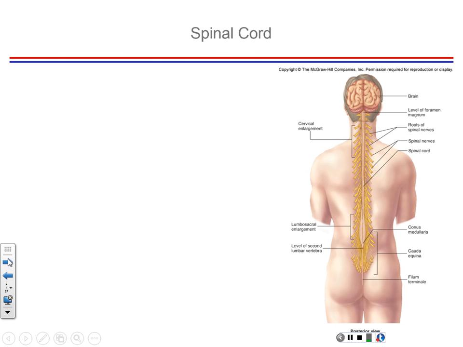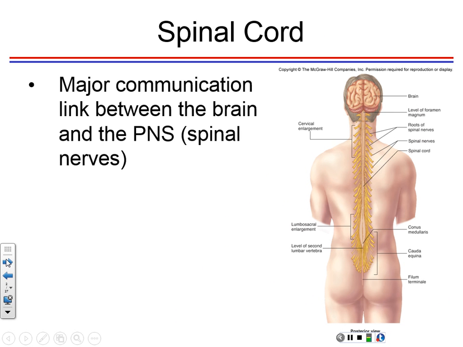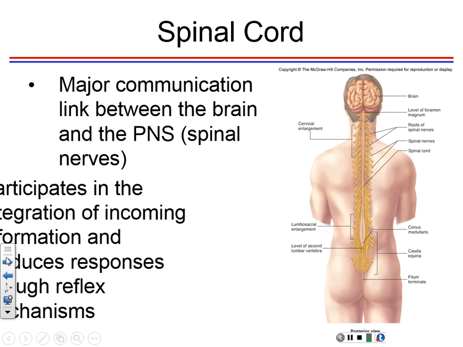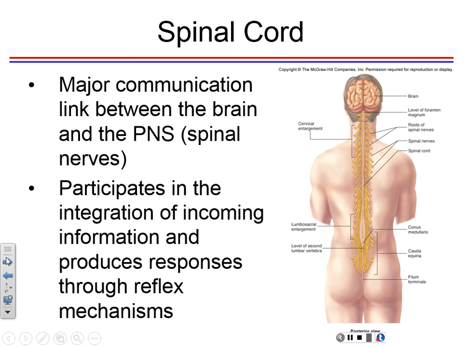So the spinal cord, of course, is part of the central nervous system, and you know that you get 31 pairs of spinal nerves coming on either side of it, supplying the peripheral nervous system, right? So we did that when we did the organization of the nervous system already.